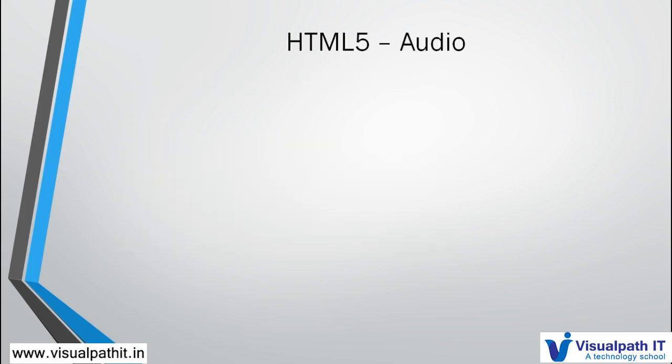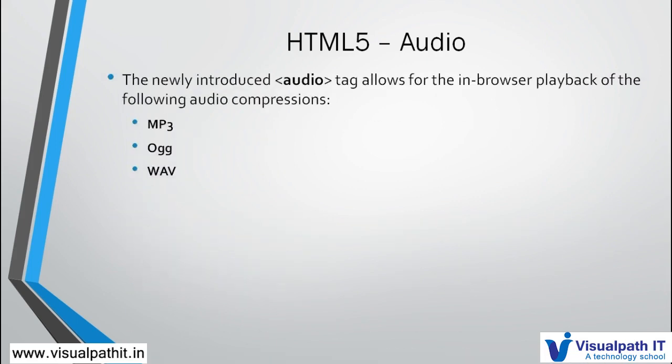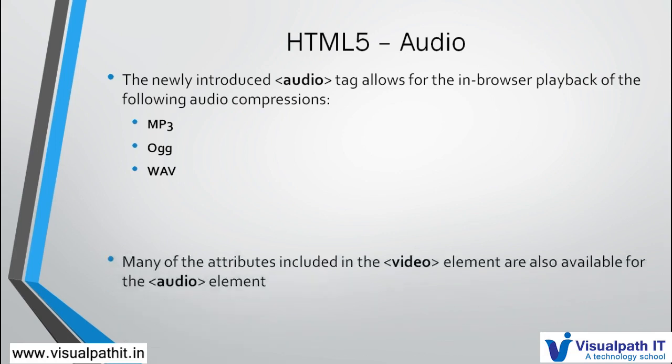Next, we'll see how HTML5 audio works. In this, the newly introduced audio tag allows for the in-browser playback of the following audio compression formats, which are MP3, OGG, and WAV.